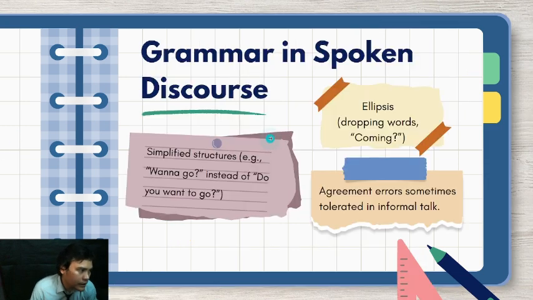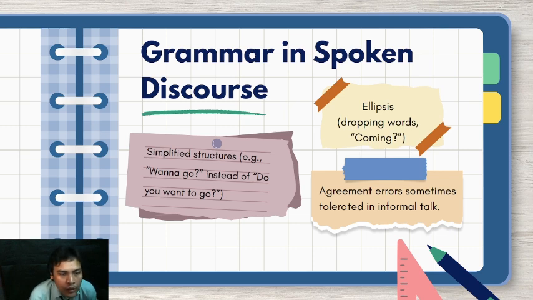Okay, next, grammar in spoken discourse. In spoken discourse, grammatical structures are often simpler and more flexible. Ellipsis is common, for example, "coming?" instead of "are you coming?" It's more simple.